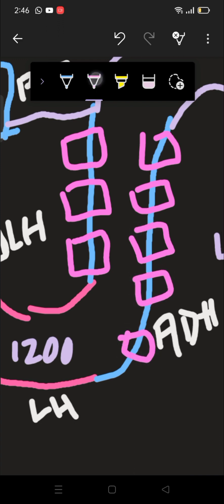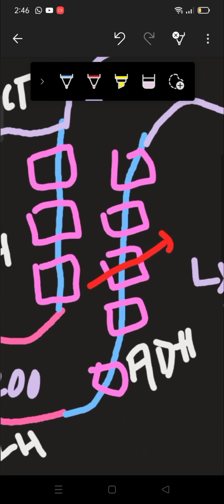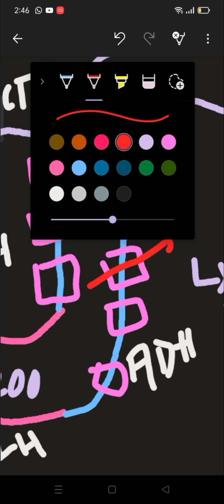From here the sodium will go out and chlorine will go in. Water cannot go out from here, because this layer is impermeable to water but permeable to ions.